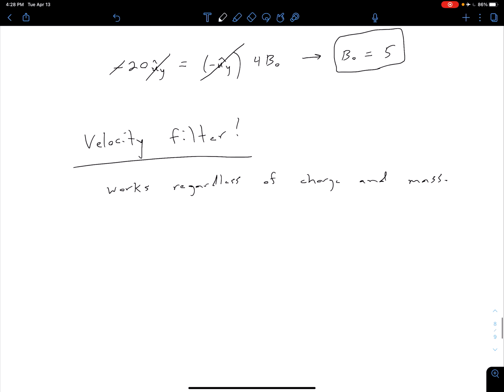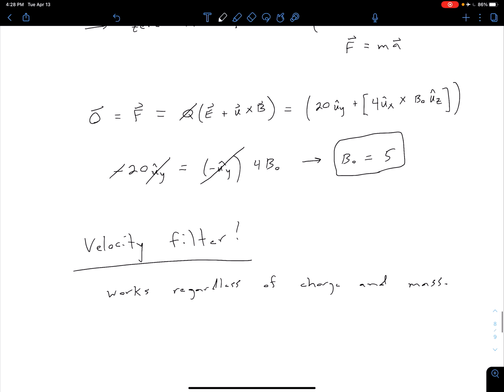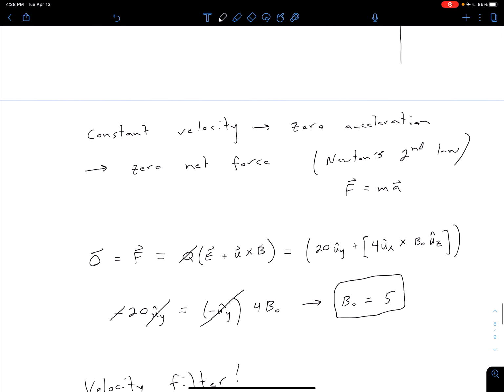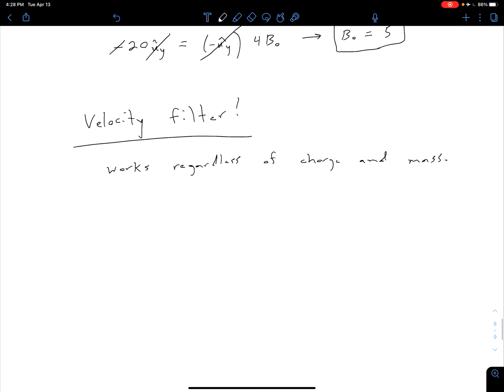Let's say we wanted to use this in the second sense I mentioned. Instead of designing for a particular B naught, let's say we want to adjust B naught and E to get a particular velocity. In that case, we can equate our FM and FE magnitudes.